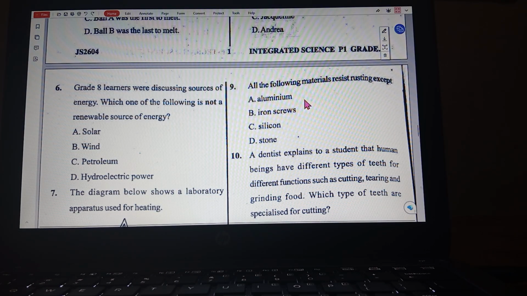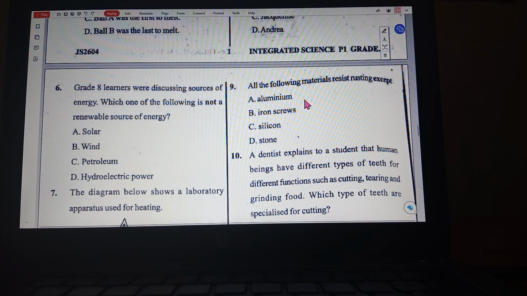What do we mean by rusting? Rusting happens in those items that are made up of iron, and it happens when iron is exposed to moisture and air. Right?